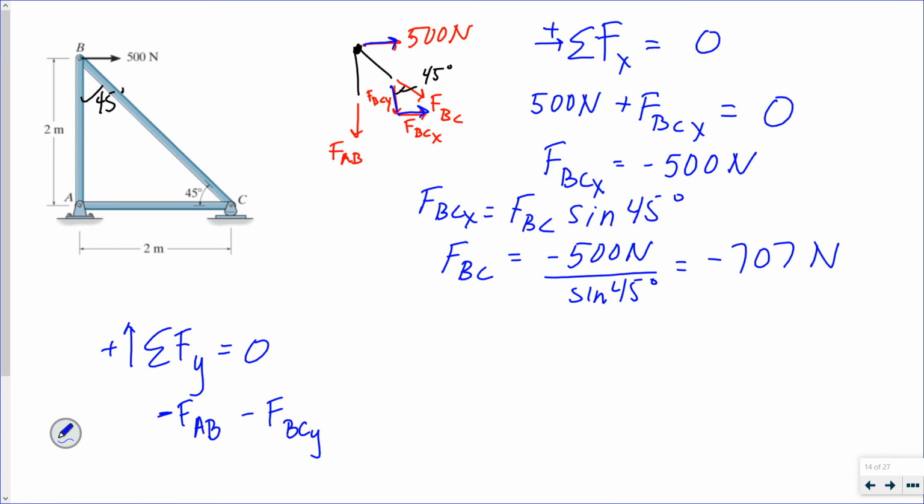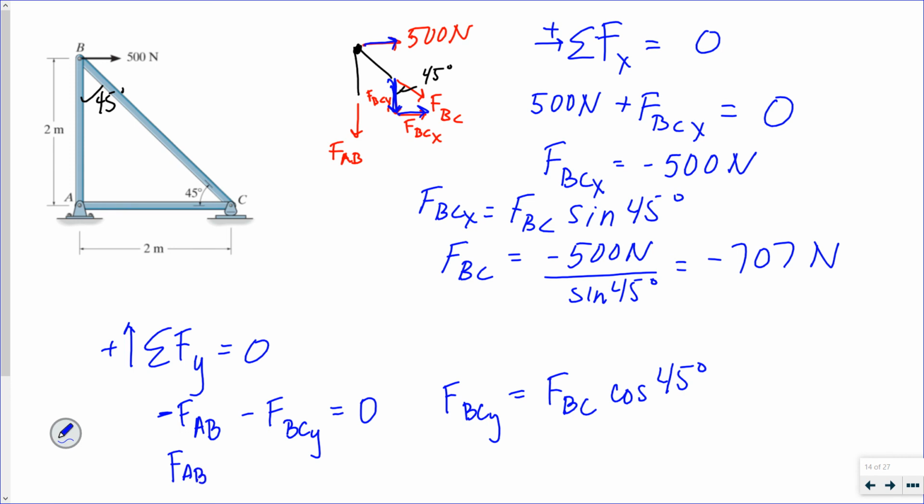Right now we're gonna add that negative back in there, but it is 0 if FBCY is FBC times cosine 45 degrees, right? This is my vertical component. So it's cosine 45 degrees.